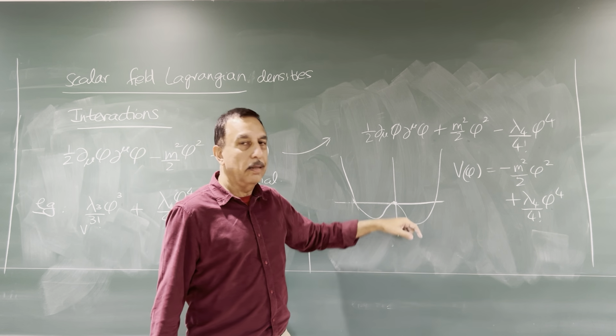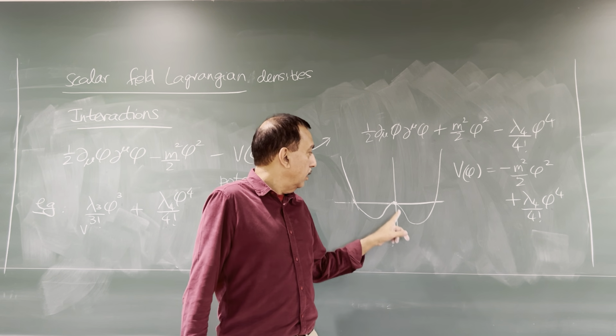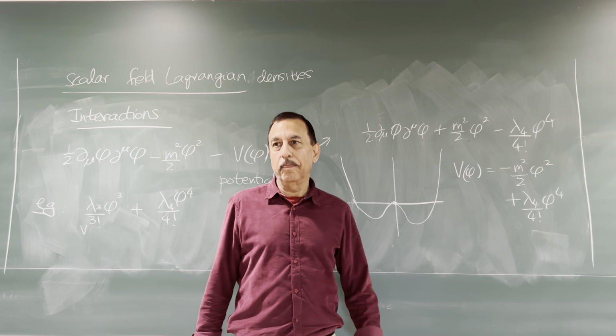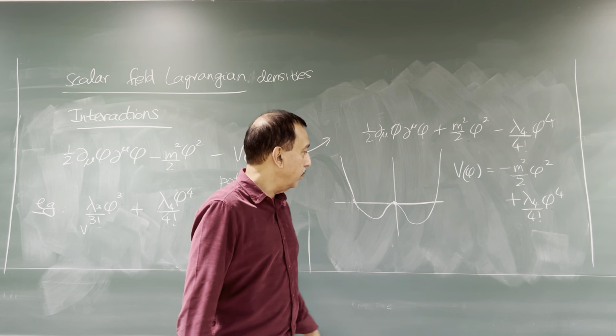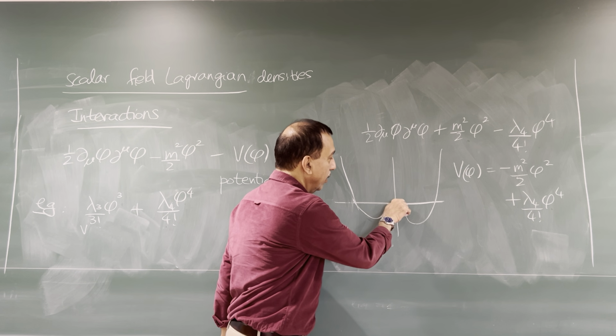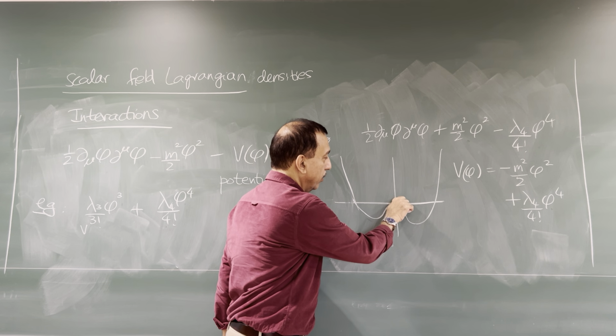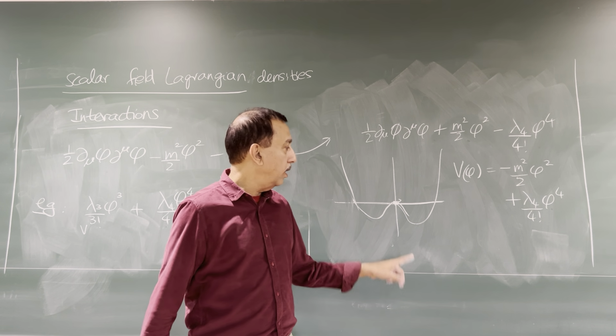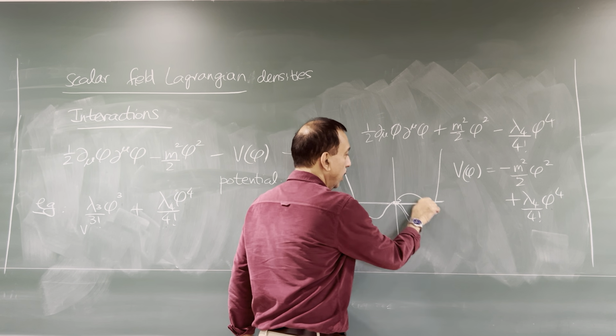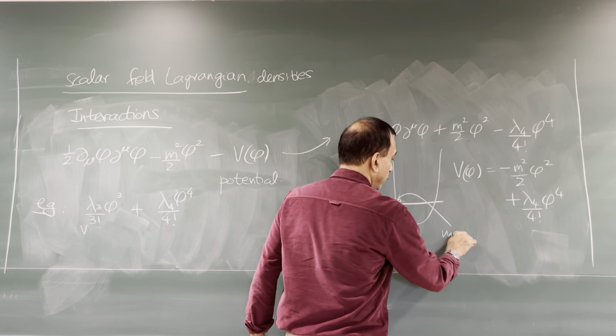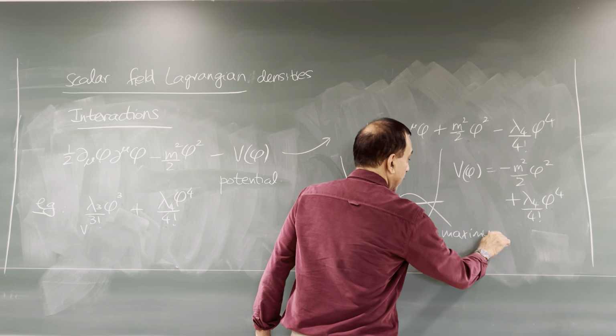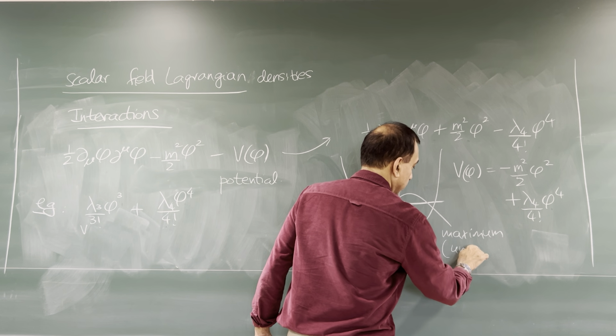If the quadratic term is upside down, then the mass doesn't look very sensible. That's exactly the same statement as saying that if I put the field to take this value and I just give it a little kick, it will roll down. So it's an unstable point. This obviously is not a minimum, it's a maximum. And a maximum is an unstable point of a potential. So that's the physics.